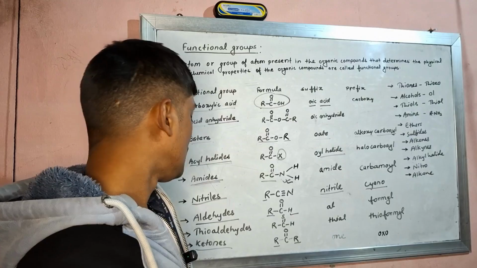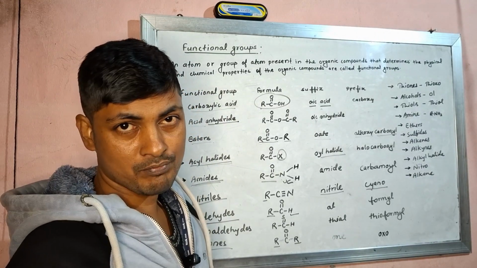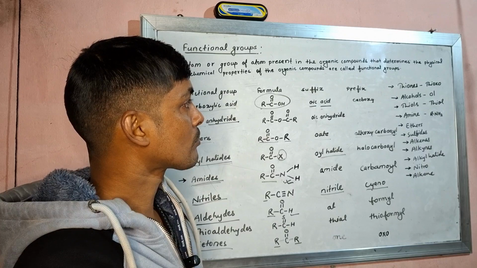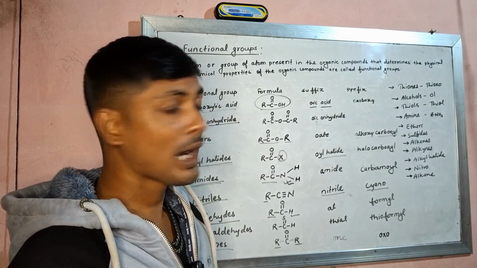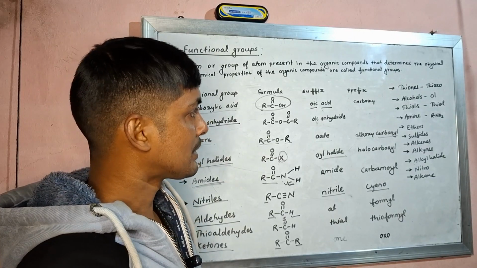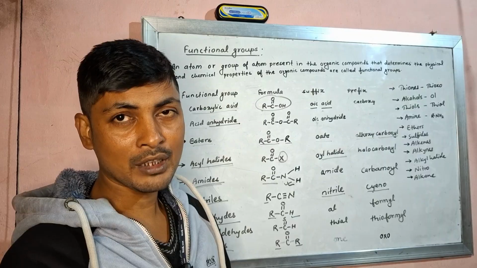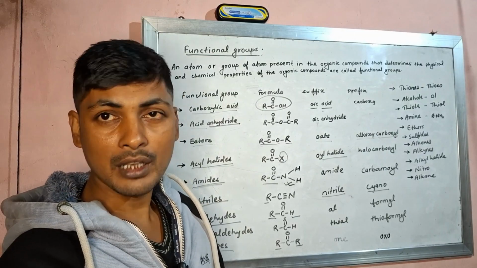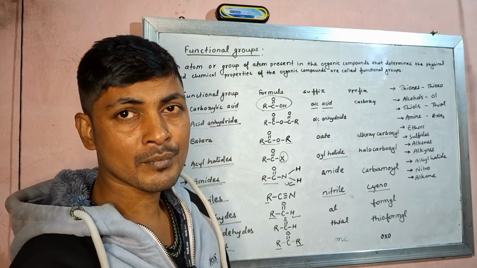For alcohols, we use the suffix ol, whereas the prefix is hydroxy. Next one is thiol. Now this thiol is similar to alcohol, but in alcohol there is OH, whereas in thiol there is SH.